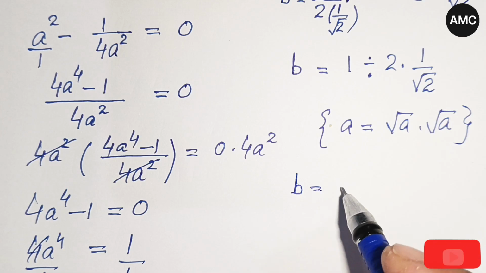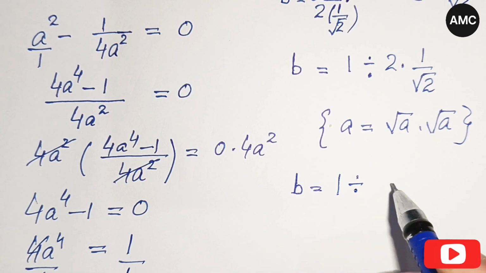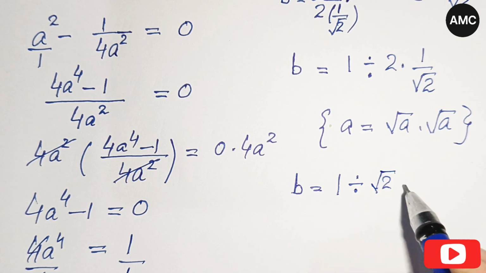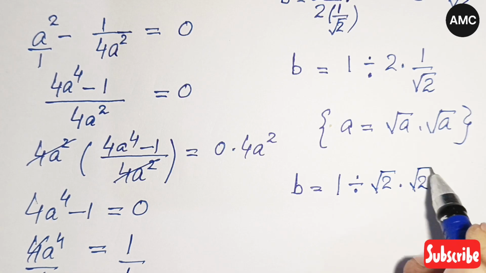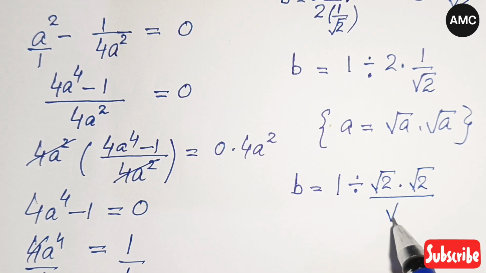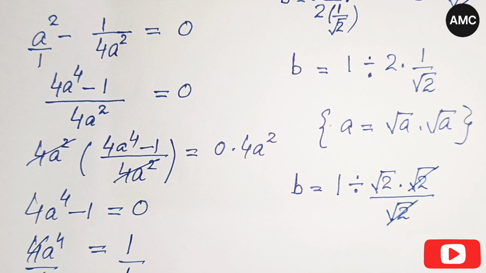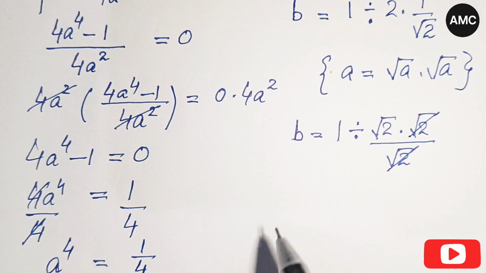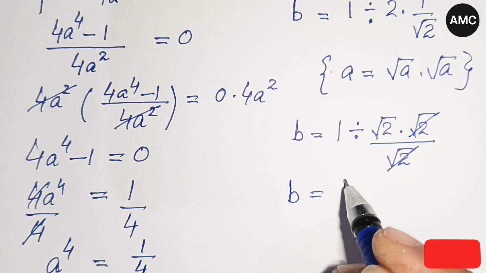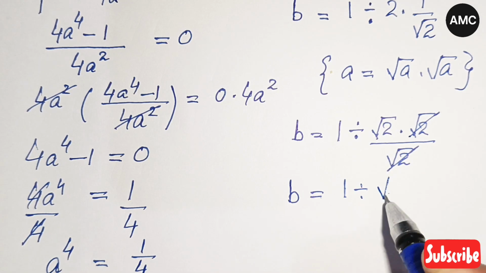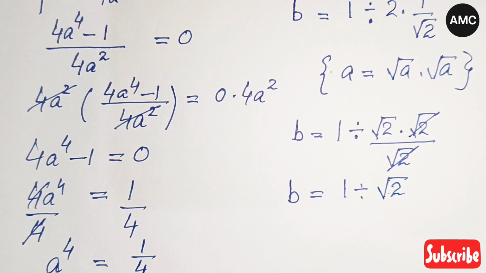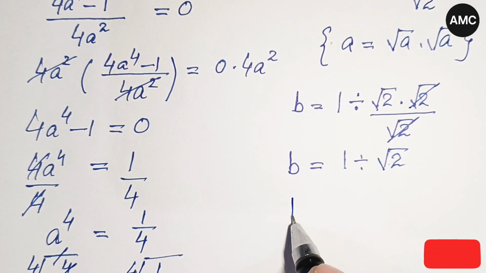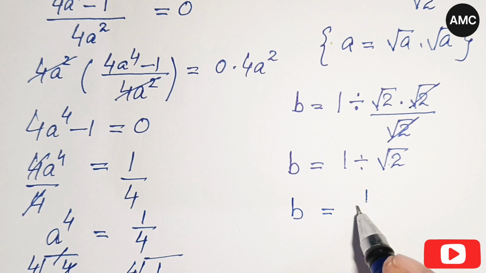B is equal to 1 divided by square root of 2 times square root of 2 over square root of 2. Now this square root of 2 is cancelled out. We get 1 divided by square root of 2. Here b is equal to 1 over square root of 2.